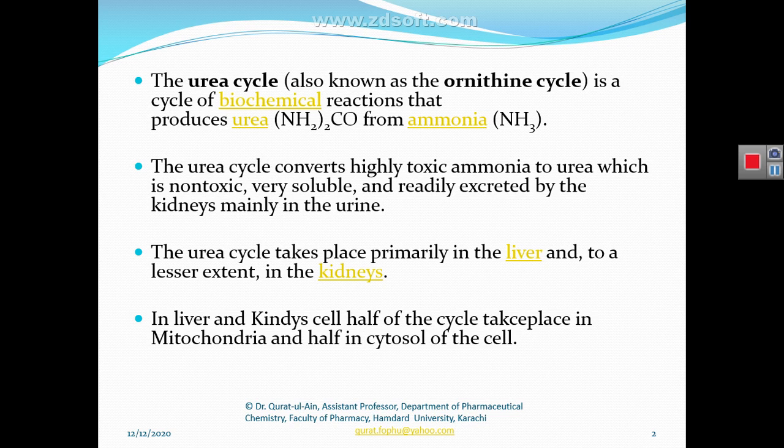And in what organelle does this urea cycle take place? The urea cycle is completed in two phases, on the basis of the compartment inside the cell where it takes place. A few reactions of the urea cycle take place in the hepatocyte cytosol, and the rest of the biochemical reactions take place in the mitochondria of the hepatocyte, or liver or kidney cell.